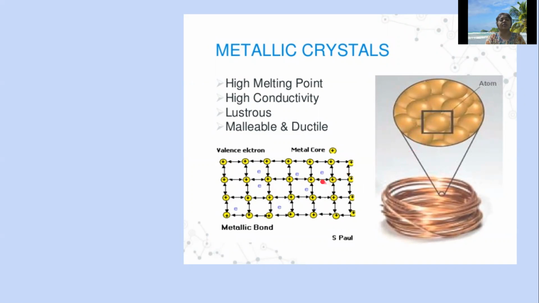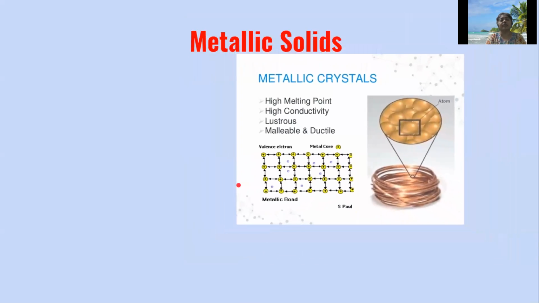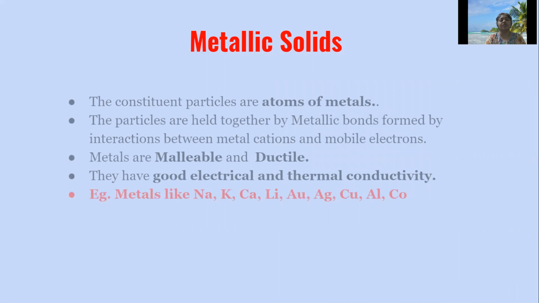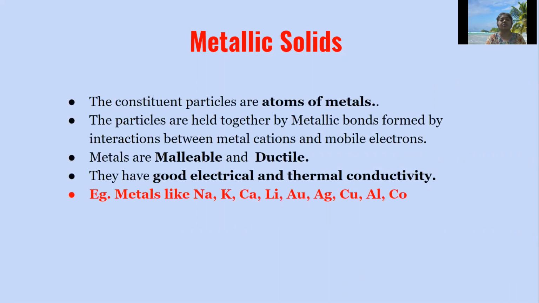Here you can see that in these metallic crystals, the metal atoms are present in a sea of electrons. The positively charged metal atoms are embedded in a sea of electrons. The valence electrons get released, or they are in a movable state, as a result of which the metal atoms are embedded in a sea of electrons.